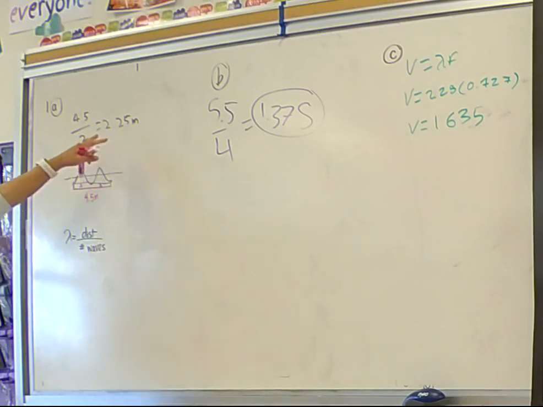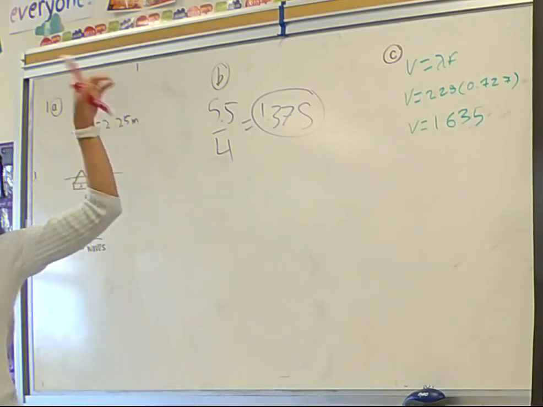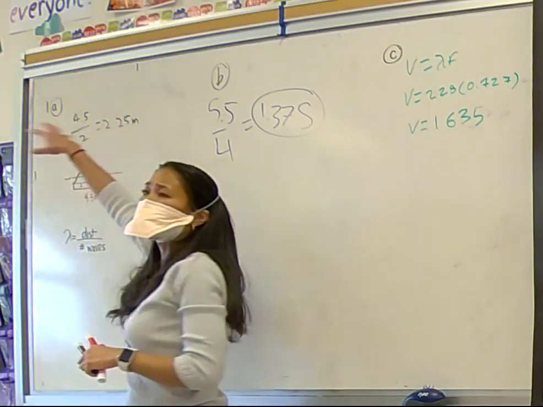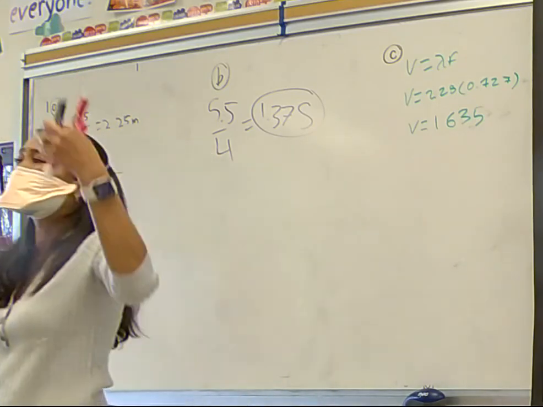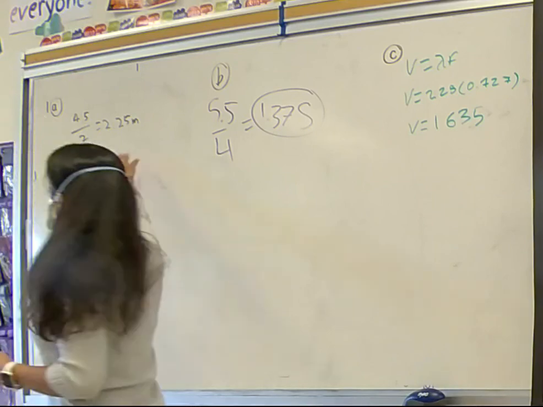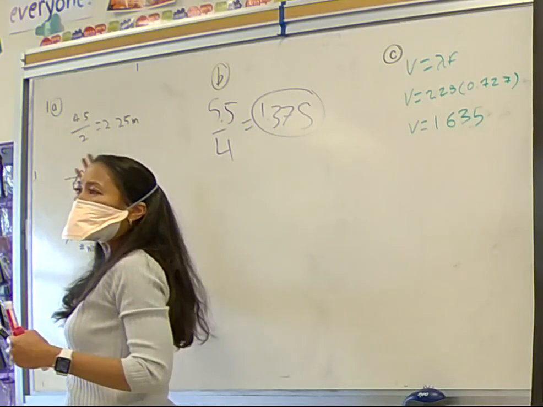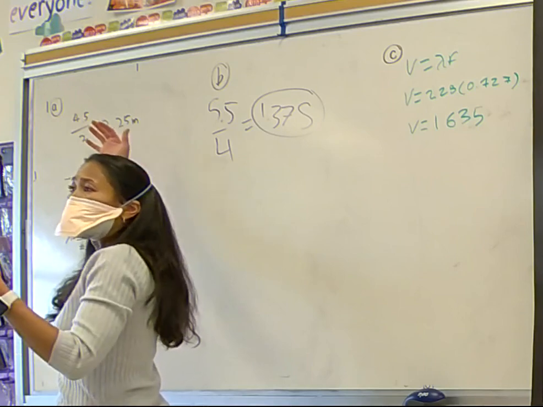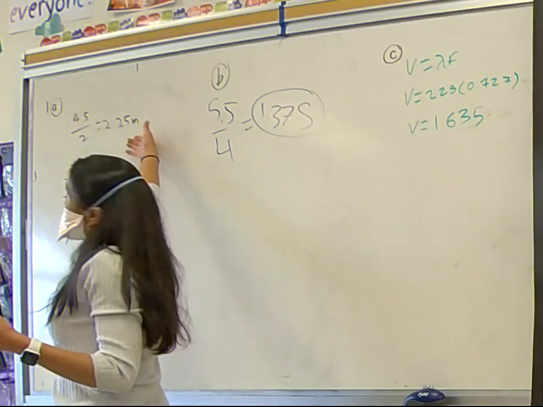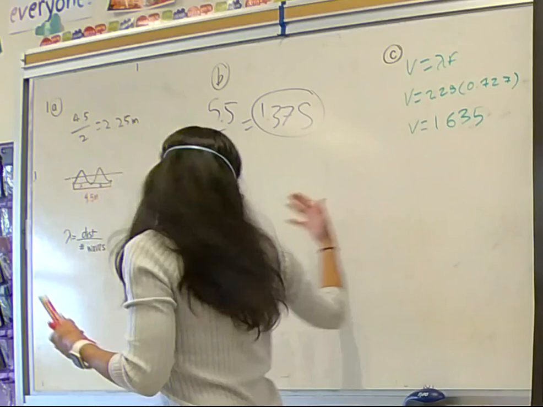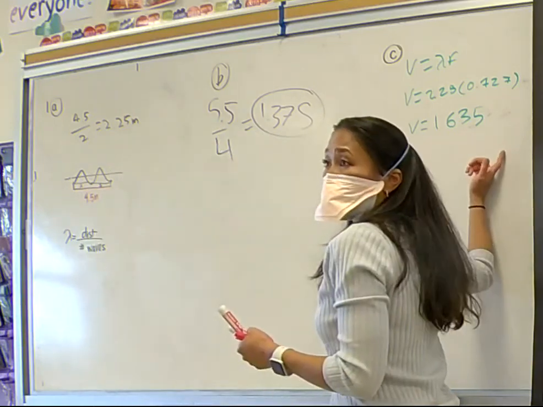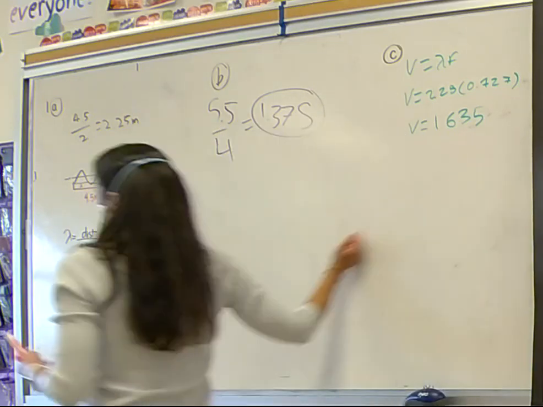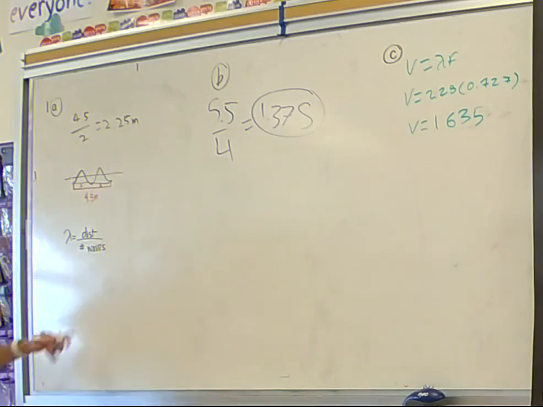The units of this don't necessarily matter. Most of the time I have you take whatever unit, centimeters, millimeters, and convert it to meters, but when we're working with waves, if you have it in inches or centimeters or feet, you can leave it that way as long as it just translates to your final answer when you do your velocity. Okay, so this is how you find a wavelength visually by drawing it out.